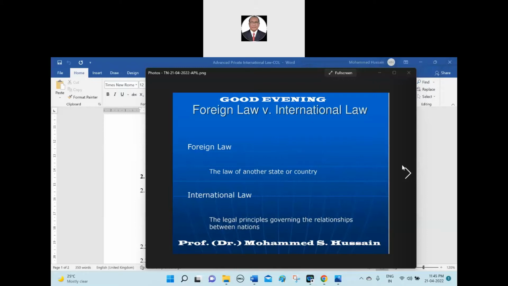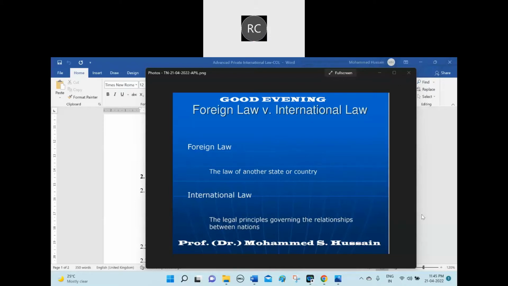Then what is meant by foreign law? It is nothing but the law of another country or another state. Can you give me an example? The United Republic of Tanzania is our own country's law.